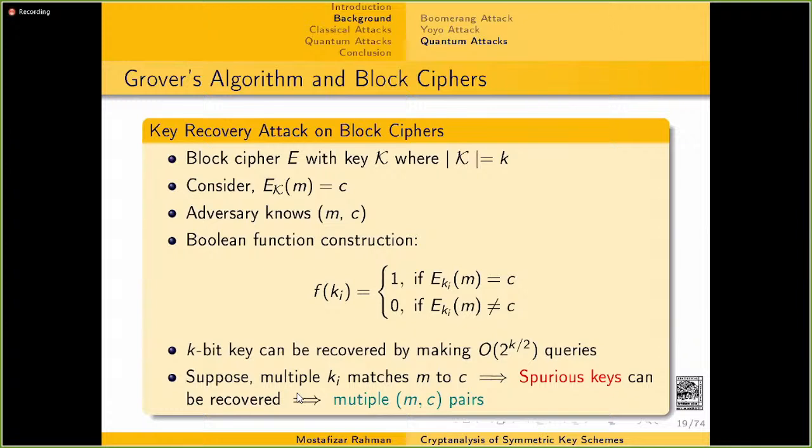If the size of the key space is 2 to the k, then when doing exhaustive search using a classical algorithm, we need order of 2 to the k time, or we have to make order of 2 to the k queries. But Grover's algorithm gives us a square root speed up, so we can recover the key by making just order of 2 to the k by 2 queries. This is the power given by Grover's algorithm in the quantum scenario.